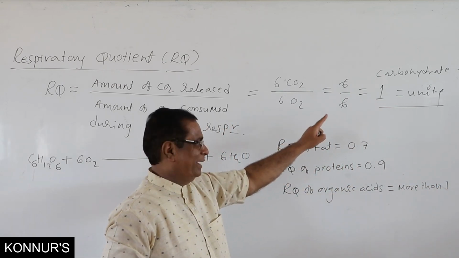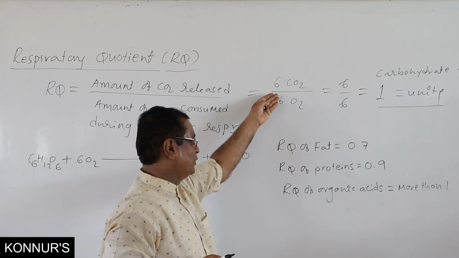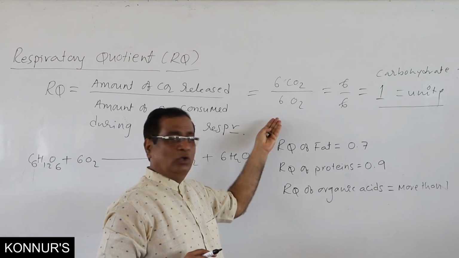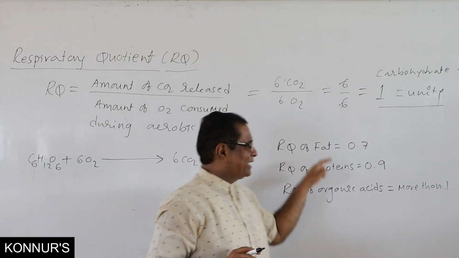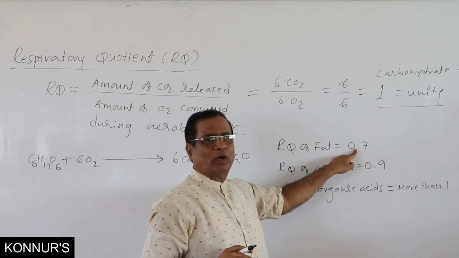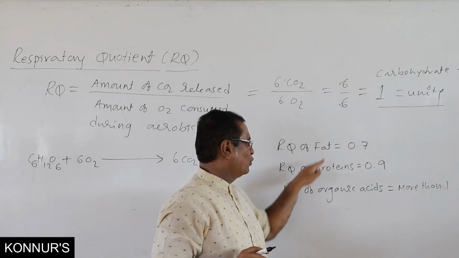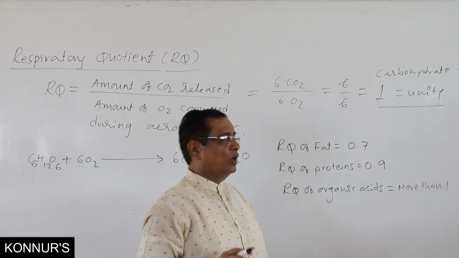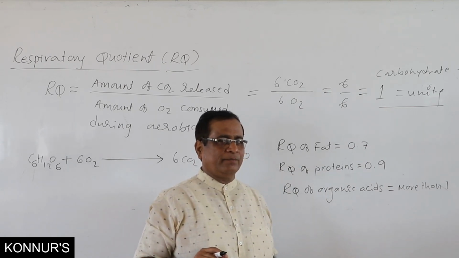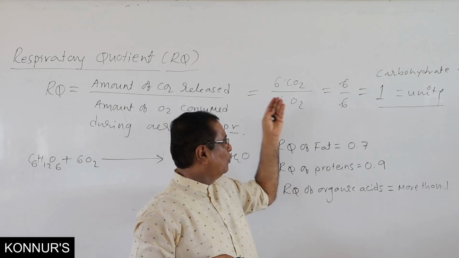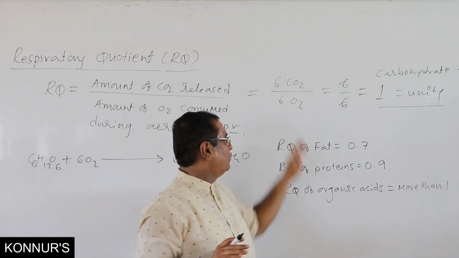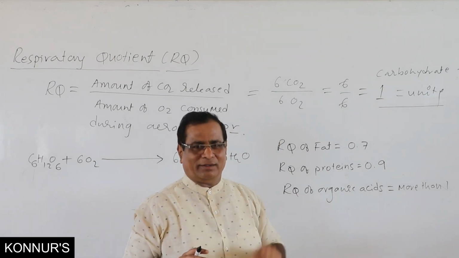RQ of carbohydrate is 1, unity, because the amount of CO2 released is equal to the amount of O2 consumed. For fat and protein, it is less than 1. Because 0.7, what does it indicate?